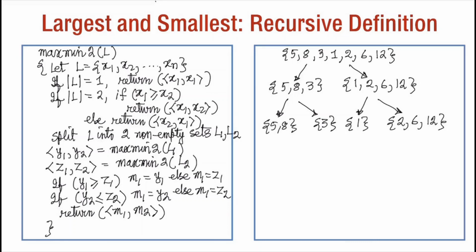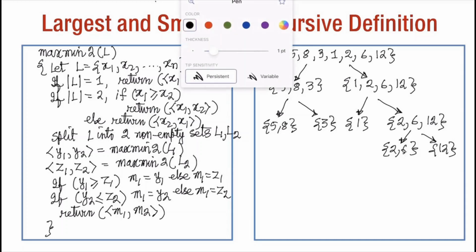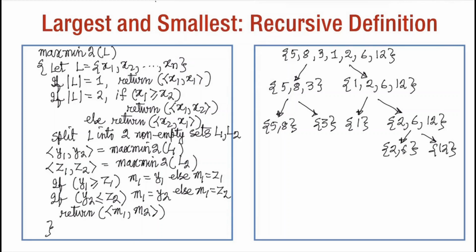This one, 2 elements is a base condition, 1 element is a base condition, 1 element is a base condition. This is not a base condition. So let us say we split it up into 2, 6 and 12. Now each of these are base conditions. And getting each of these as base conditions, we now start seeing what values are returned. This will return 8, 5.